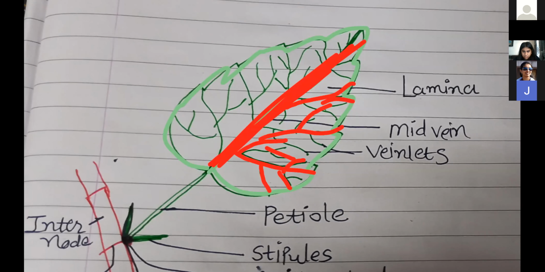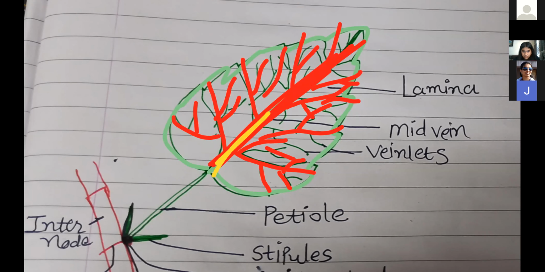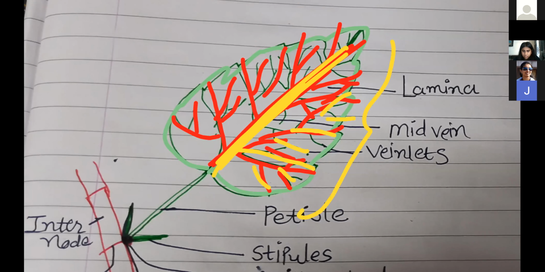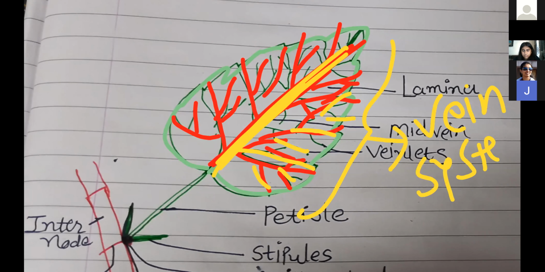From that, the veinlets, further small branches of the veins, are there. This entire structure we call the vein system, which is formed by the midvein or main vein plus veinlets.